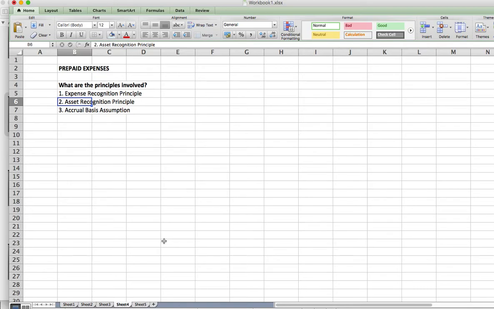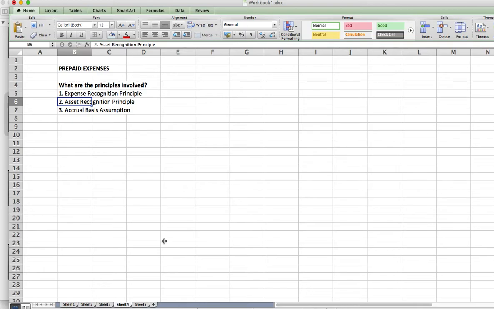Naalala nyo, expenses are recorded when it is incurred. So, regardless, whether we have paid in advance the entire amount related to the expense, it does not mean that the entire amount should remain as expense at the end of the reporting period. We have to adjust accordingly in order to show the proper amount of expense that was really incurred. Again, expense recognition principle, asset recognition principle, and accrual basis of assumption.